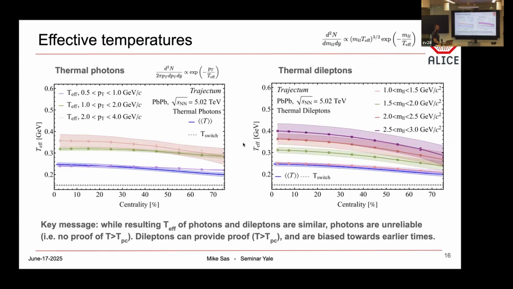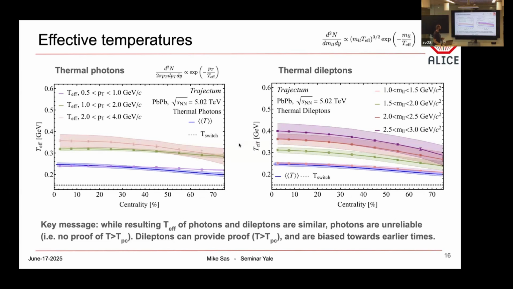Yeah, that is almost a coincidence, because comparing a PT bin of photons to an invariant mass bin of your dileptons is not equivalent. Of course they are correlated a bit, like the energy is the P squared plus M squared, but yeah, a little bit, but not completely.